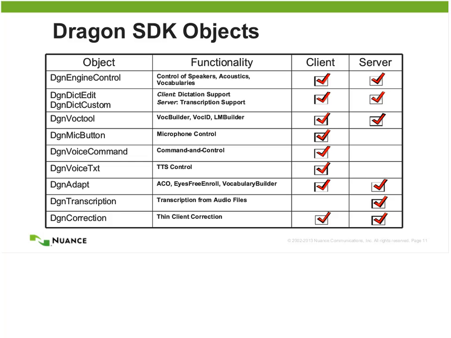Then we have the DGN voice command object, which allows you to create your own command grammars. That's also only available on the client, because there is no command and control on the server. Then we have voice text, which allows you to integrate a text-to-speech engine.